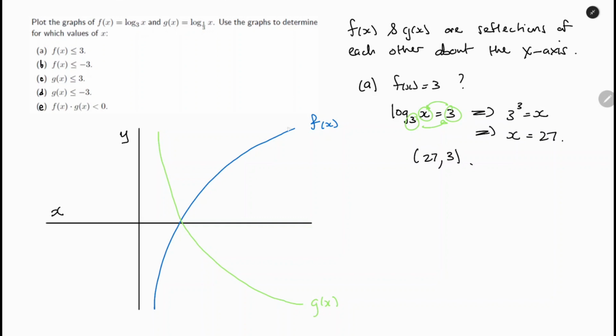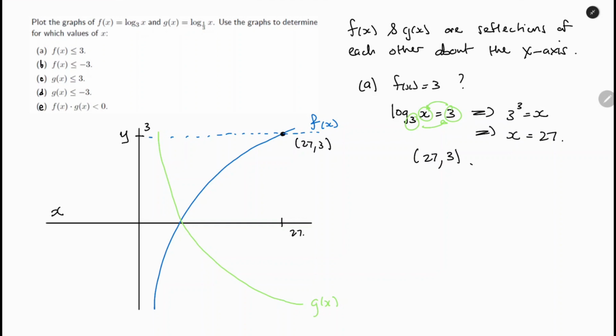So let's mark that off. Somewhere here, that's the point 27, 3. This would be 27 here, and that would be 3. It's not the most accurate of drawings, I concede, but as long as you draw it roughly accurately with the correct coordinates, that is fine. For which x values is the graph of f of x below 3? Here's our y value of 3.